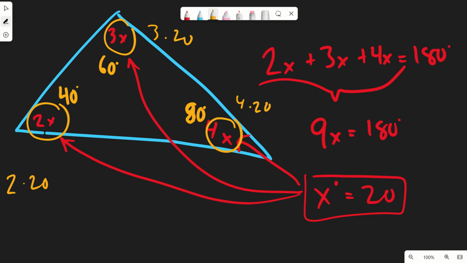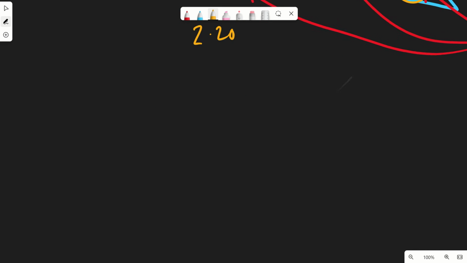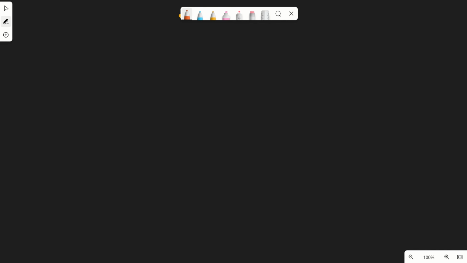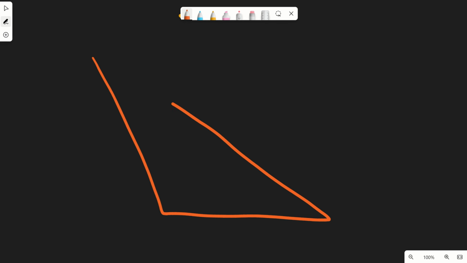All right, let's try one for you to do on your own, and then we will be moving right along. Let's say my last triangle here is this right here. Here is 10 degrees. This is 3x degrees.